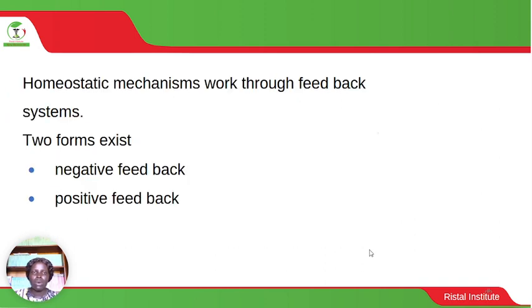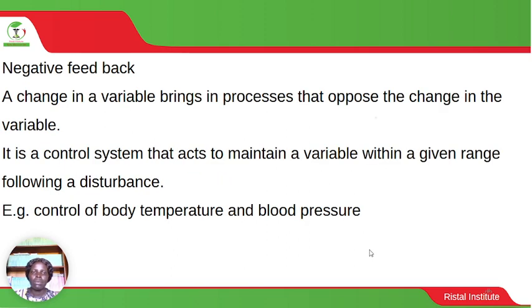Homeostatic mechanisms work through feedback systems, and these systems are two. We have the negative feedback and we have the positive feedback. So negative feedback: here, a change in a variable brings in processes that oppose the change in the variable.